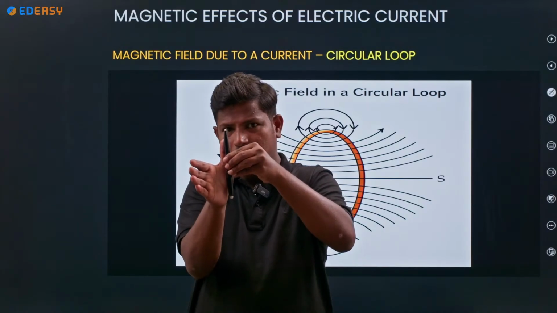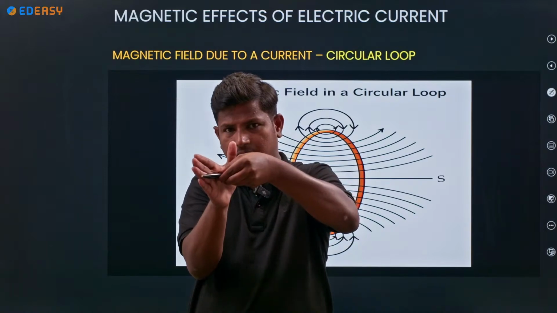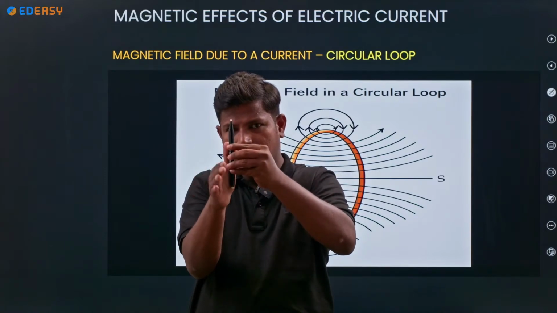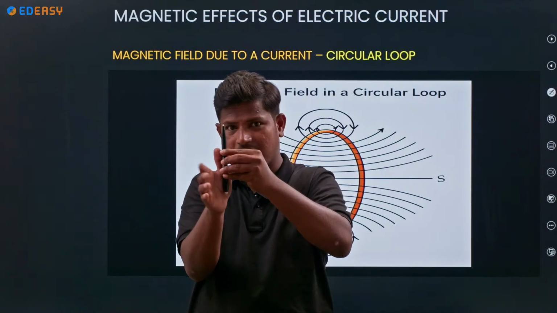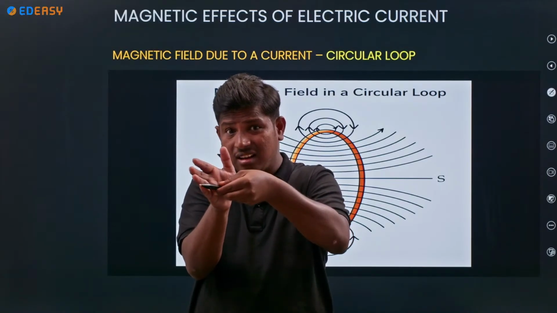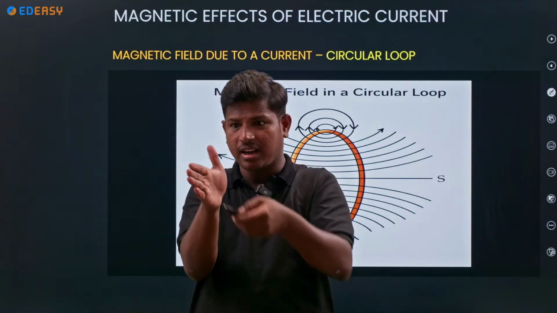For example, this conductor turns into a circle. The conductor is straight, the magnetic field is a circle. If the conductor is a circle, the magnetic field is perpendicular, right?